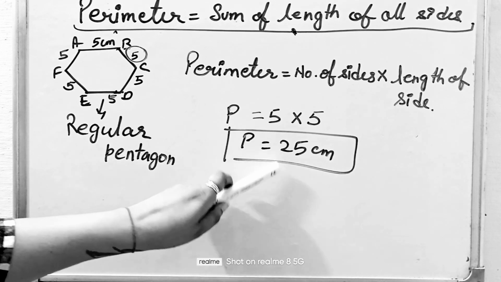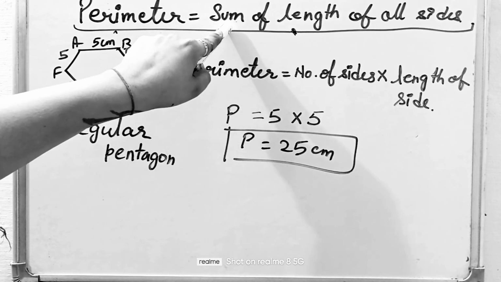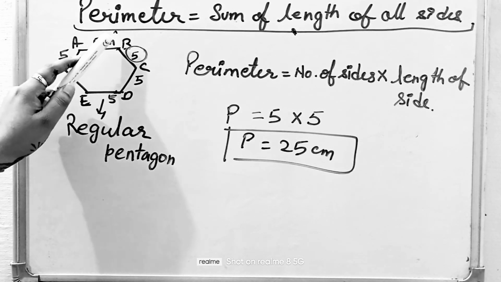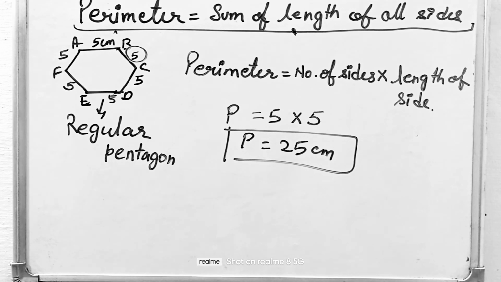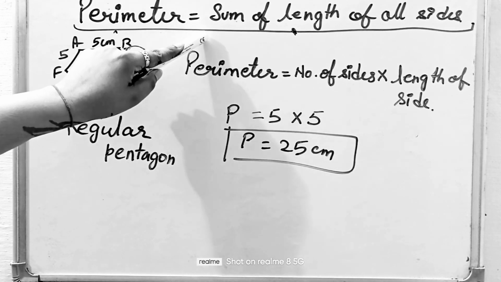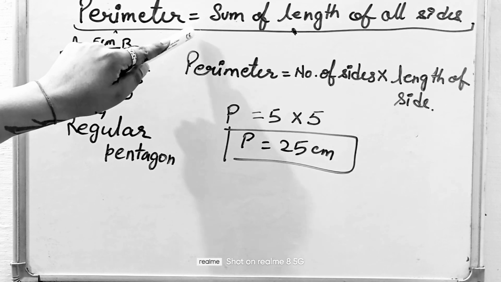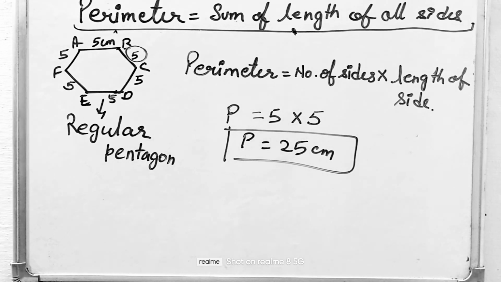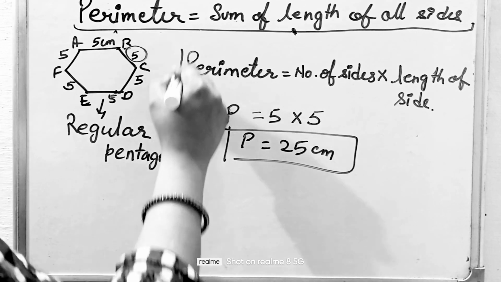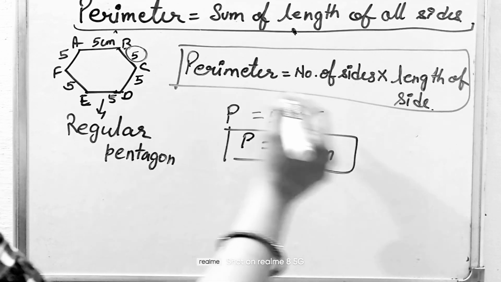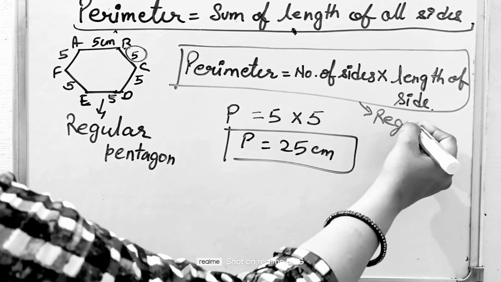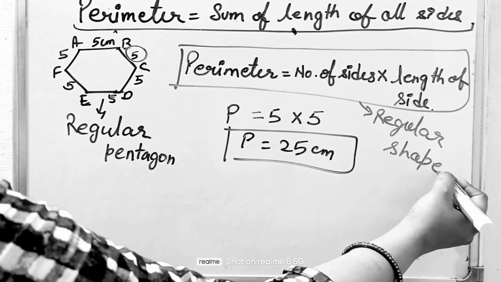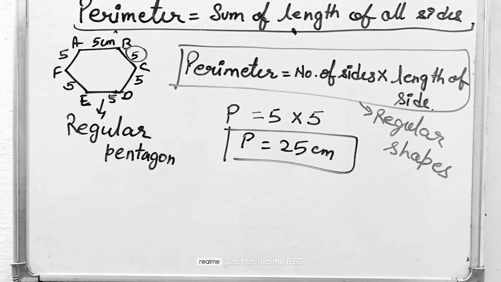The same answer you can get by just applying the general formula of perimeter, that is the sum of length of all the sides. You just add all the sides and you will get the same perimeter. So that means this general formula can be applied to both regular and irregular shapes, but this formula can only be applied to regular shapes. This is particularly for regular shapes only, which have equal length of their sides.